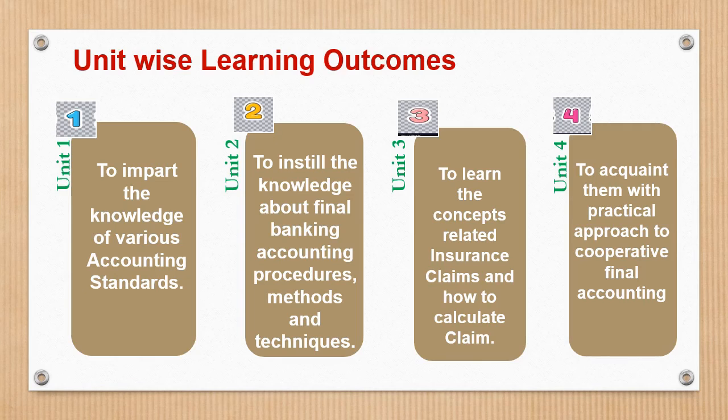This is the learning outcome for unit number 3, and unit number 4, to acquaint them with practical approach to cooperative final accounting. In that we see credit cooperative society and consumer cooperative societies. This is the learning outcome for the first part, total number of unit 4.